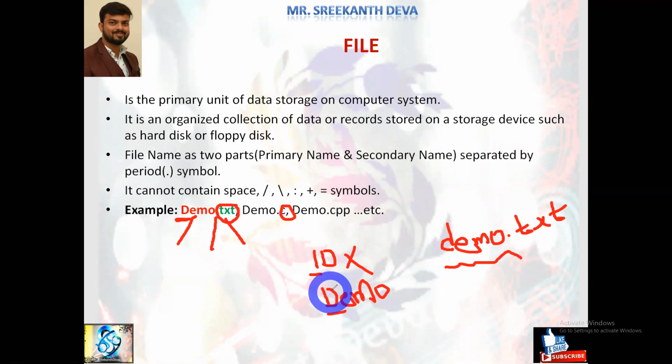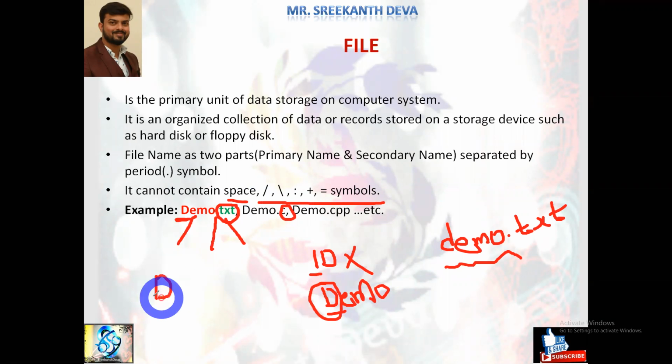The first character must be a letter, it cannot be a digit or some other symbol. Always remember the name of the file must start with a letter. That means the first character cannot be a number, a space, or any other special symbol. And it cannot contain spaces either.